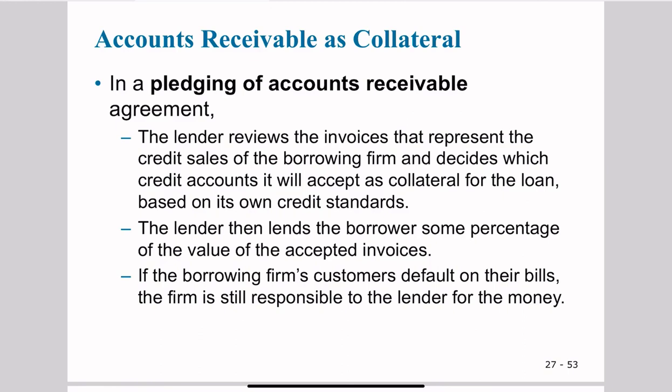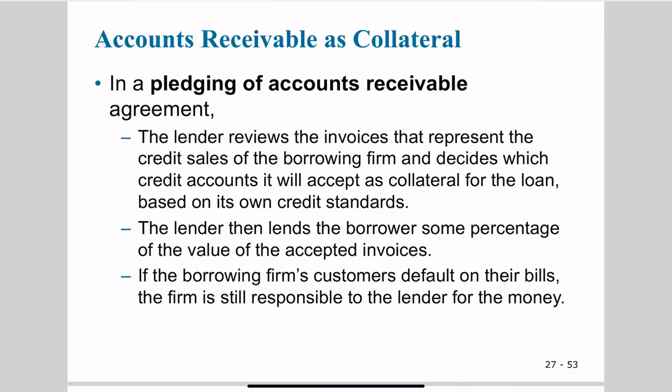And then the bank will determine the creditworthiness of these invoices. And the bank can then decide which invoice can serve as collateral for this loan. And then the lender will lend the money to the firm.